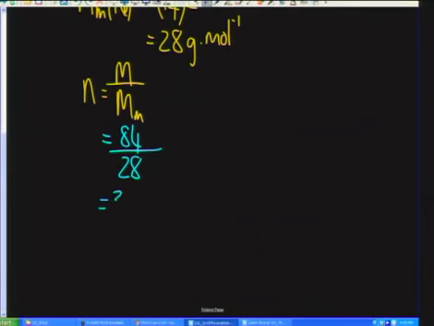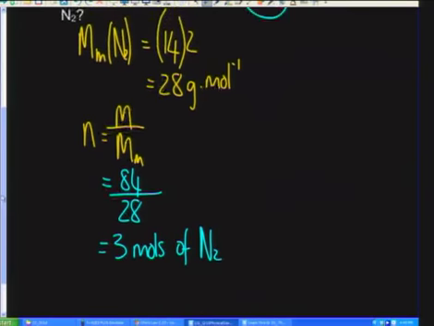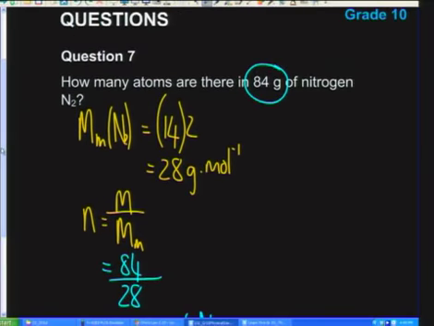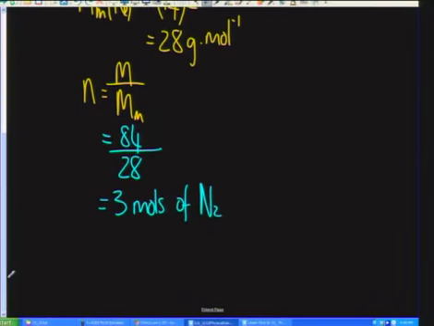So I've got 3 moles of N2. Has that answered the question? No, it hasn't. Not yet. Because the question asked me how many atoms. So watch out. We haven't yet answered the question.